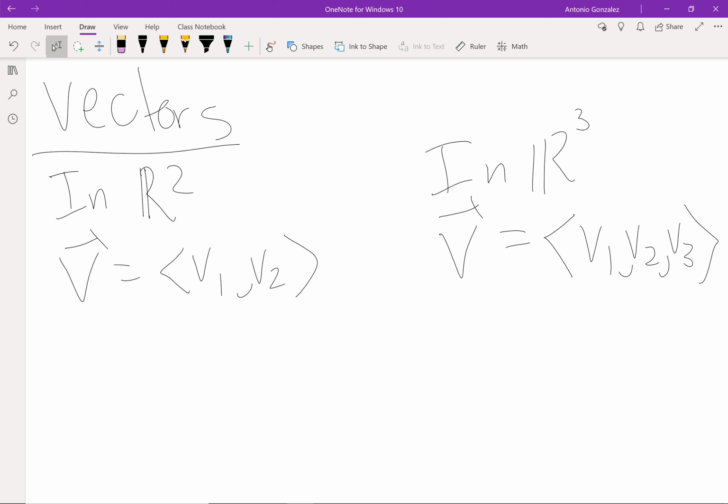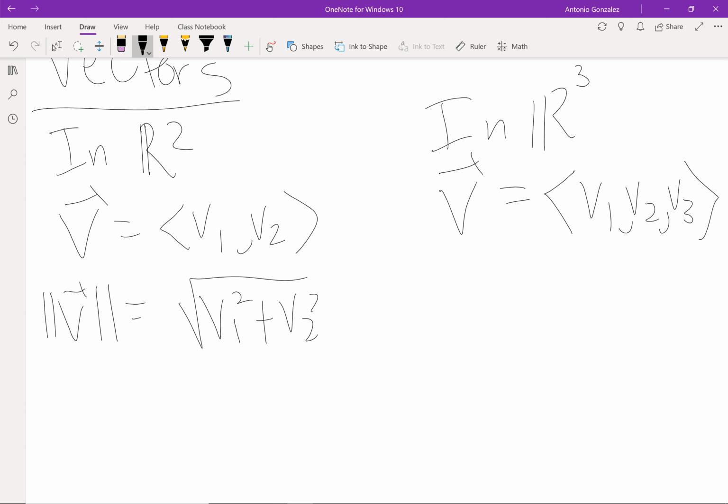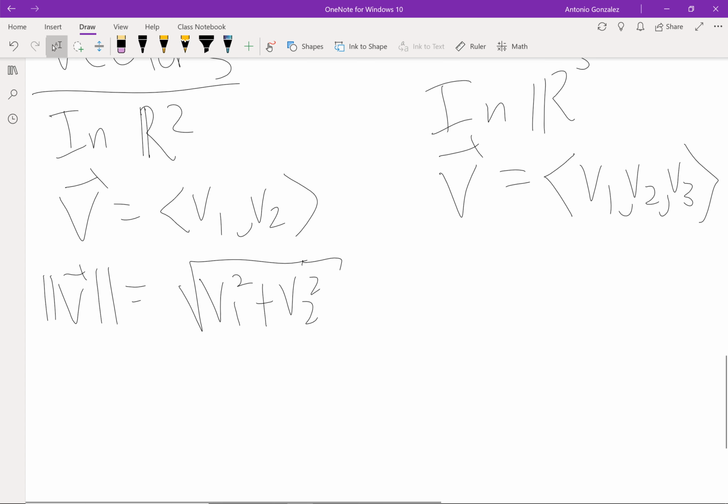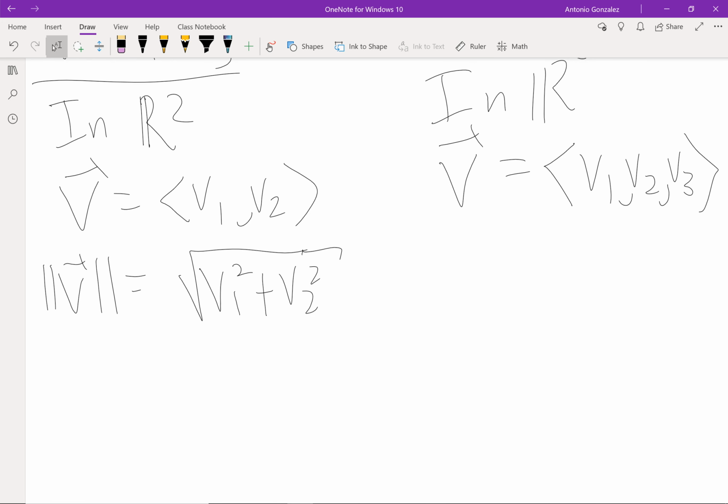All right. So now let's look at, also in R2, the magnitude of V is equal to the square root of V1 squared plus V2 squared. Now, does that hold? How do I do the magnitude in R3?